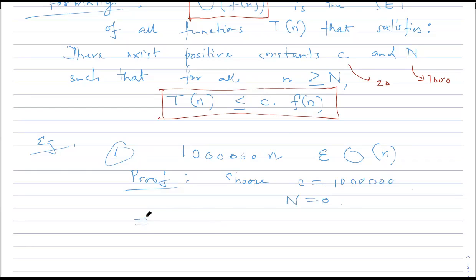So in other words, exactly what you said, big O notation does not care about the constant factor. What kind of constant factor you choose, that's completely up to you.